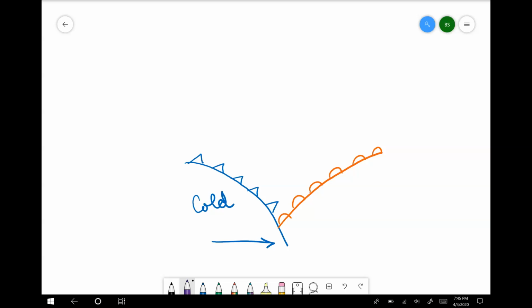That is our occluded front, and the symbol for an occluded front is actually purple, and it's a mixture of the triangles for the cold front and the circles for the warm front. And because the cold air is more dense and forcing the warm front forward, those point in the direction that they're moving.